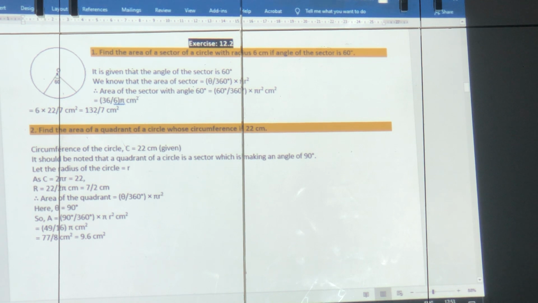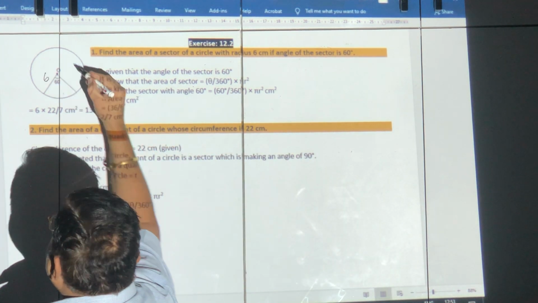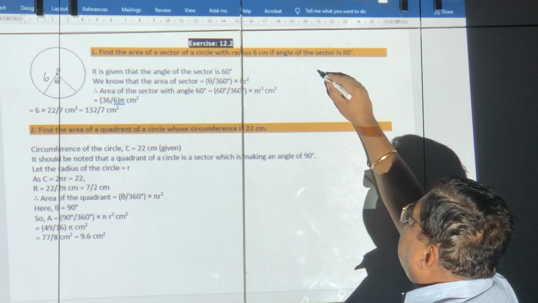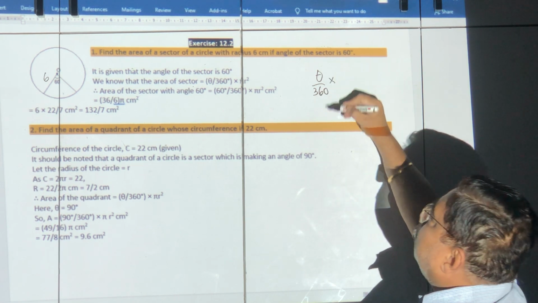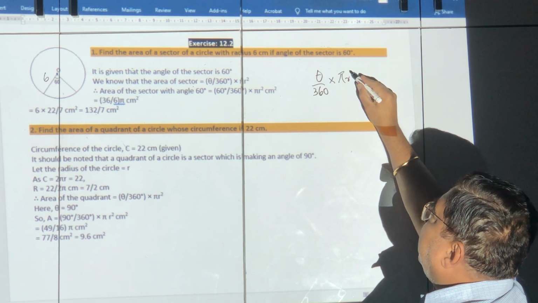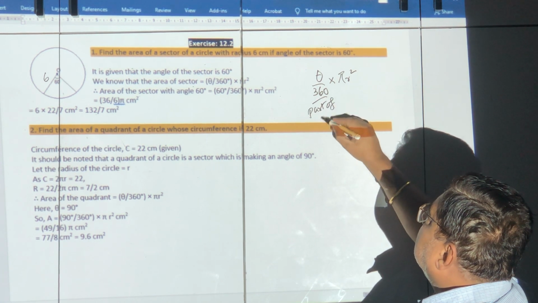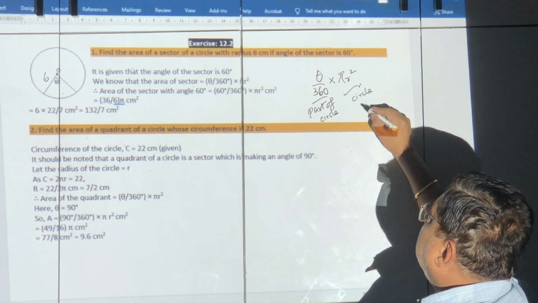12.2. Okay. Find the area of a sector of a circle with radius 6. Radius is given 6 and angle is given 60. Again, remind you, my friends, part of the circle into pi r square, area of the circle, into circle, area or perimeter.